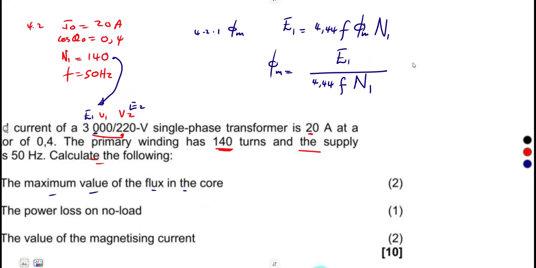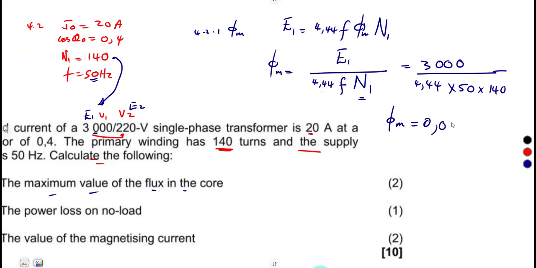Our E1, that's 3,000. So this is 3,000 over 4,44 times the frequency 50 hertz and a number of turns N1, 140. So that's it. Our maximum useful flux here is going to be 0,09652509, something like that, in Webers.